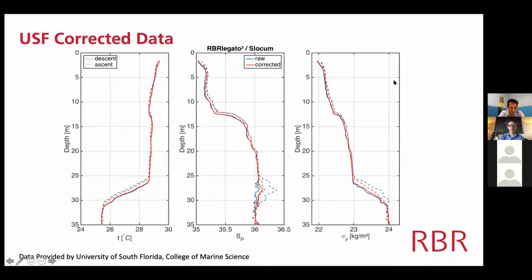There was a lag in the temperature and in the thermal mass there, and that was corrected using our free MATLAB RSK tools processes, so that just in post-production it was able to correct some of those spikes from the raw, which is the blue in the center, to the red, which is the corrected one. So that was very good data that we got from University of South Florida.